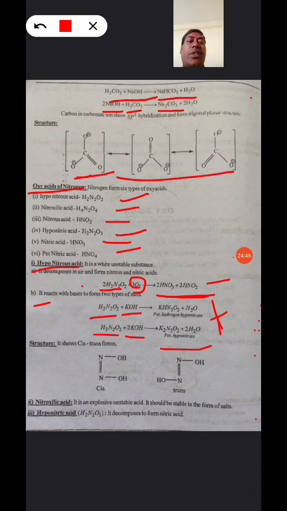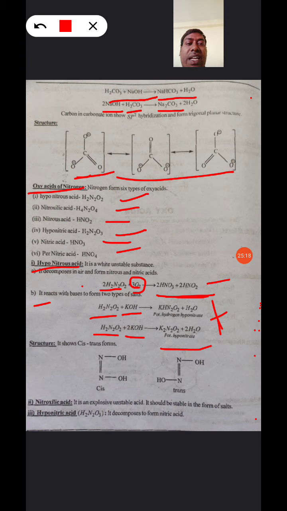It reacts with 1 mole of potassium hydroxide, that is base, and forms potassium hydrogen hyponitrate. And when it reacts with 2 moles of potassium hydroxide, it forms potassium hyponitrate.